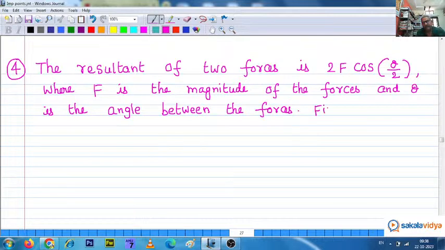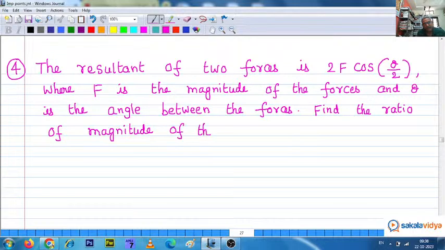Find the ratio of magnitude of the forces. That means we need to find the ratio between the magnitudes of the two forces for the given conditions.